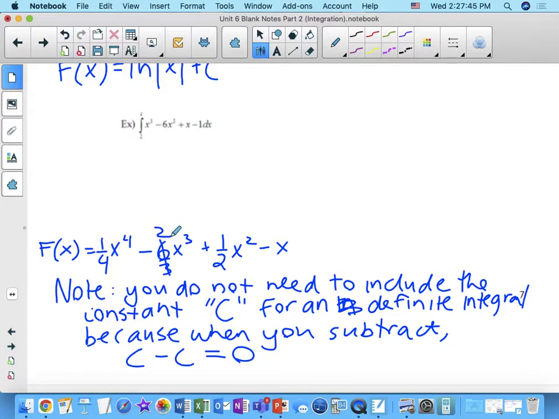So this guy is going to be essentially 1 over 4 x to the 4 minus 2x cubed plus 1/2 x squared minus x from what to what? 2 to 4.